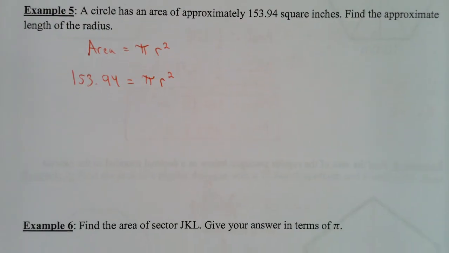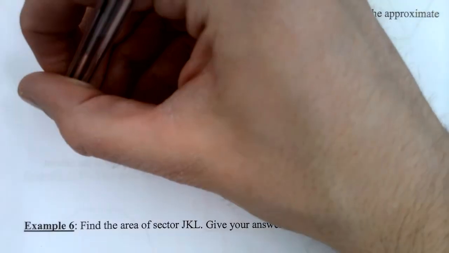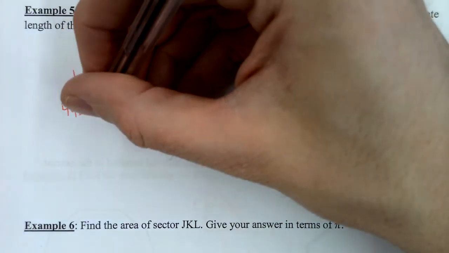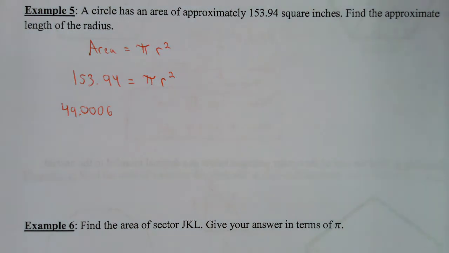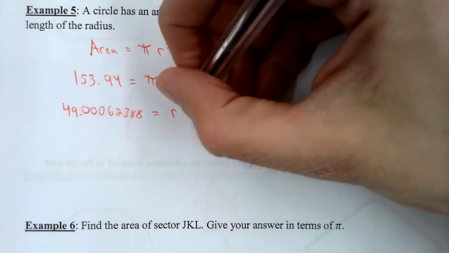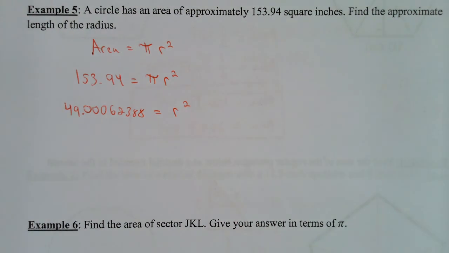What you're going to do now is you're going to divide by pi. I'll give you 49.00062388. If you want to solve for the radius, you can take the square root of that.